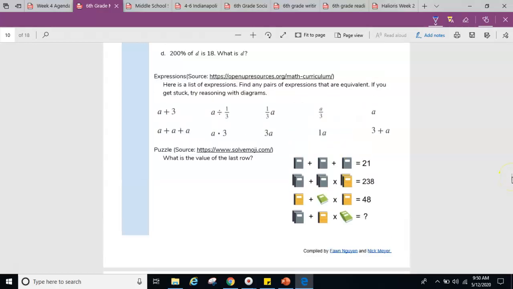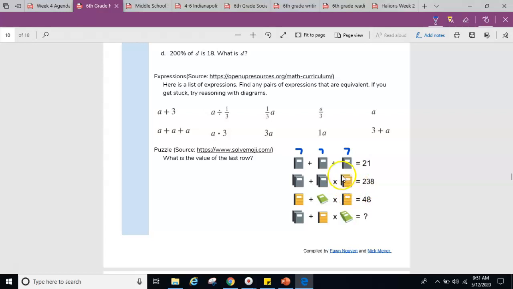What is the value of the last row? Some of my favorite problems to solve. You're trying to figure out what each book represents. So by looking at the first equation, I can see that 3 of these blue books equals 21, and I know that 3 times 7 equals 21. So a blue book would be equal to 7. And this is where you have to really watch yourself, because I see 2 blue books here and 2 blue books here.